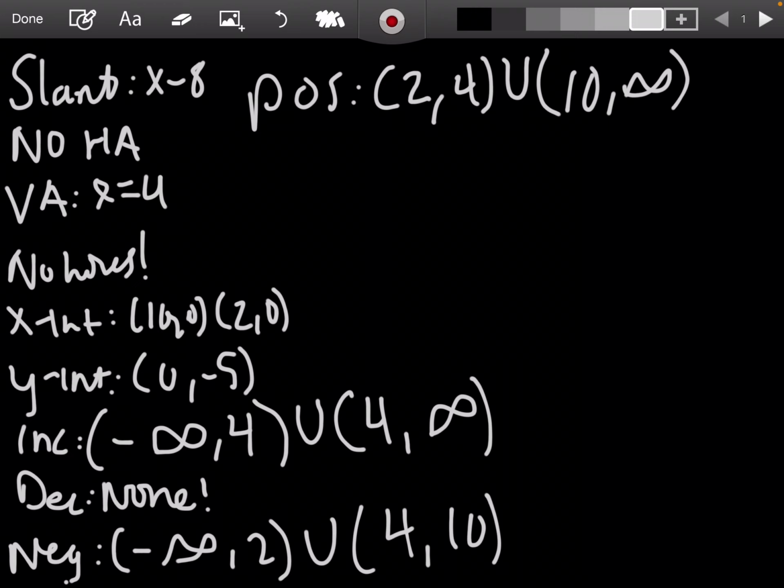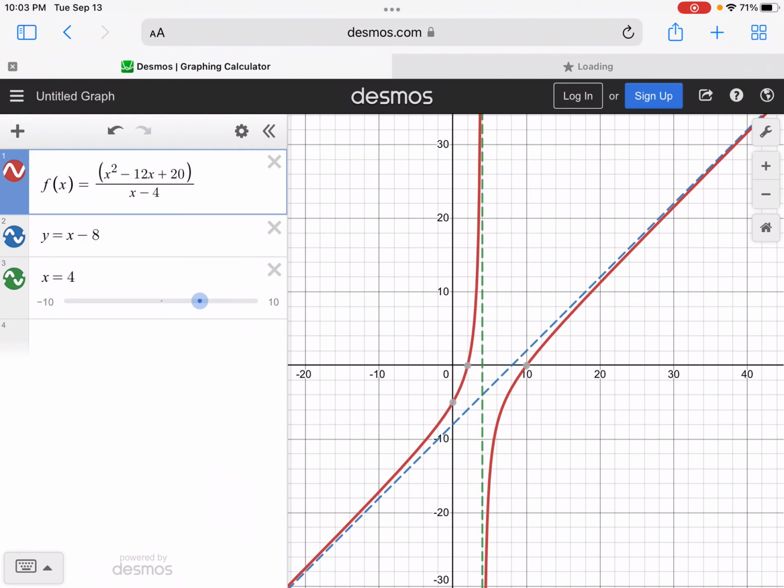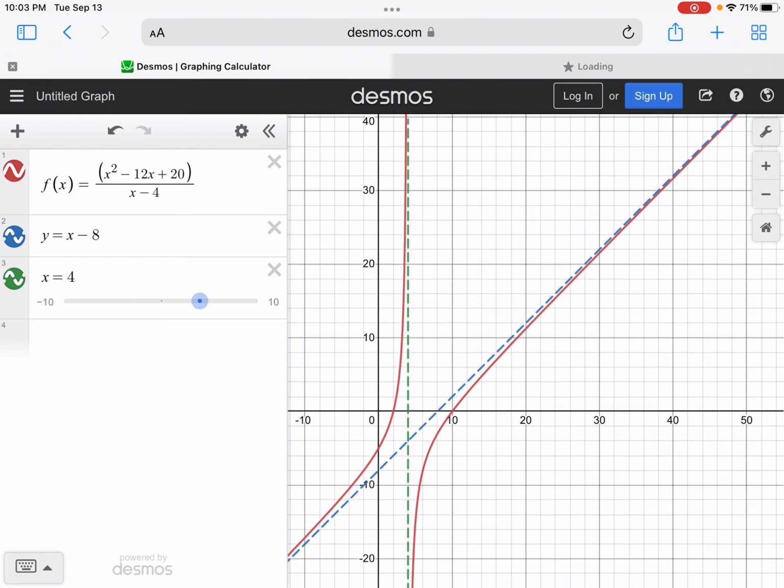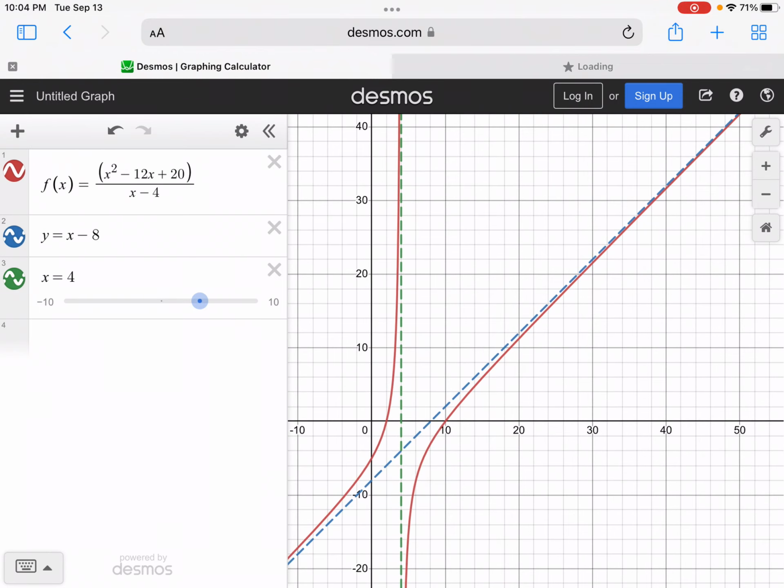Now let's move to the end behavior. As we can see here, as x approaches negative infinity, y also approaches negative infinity. And as x approaches infinity, y also approaches infinity.